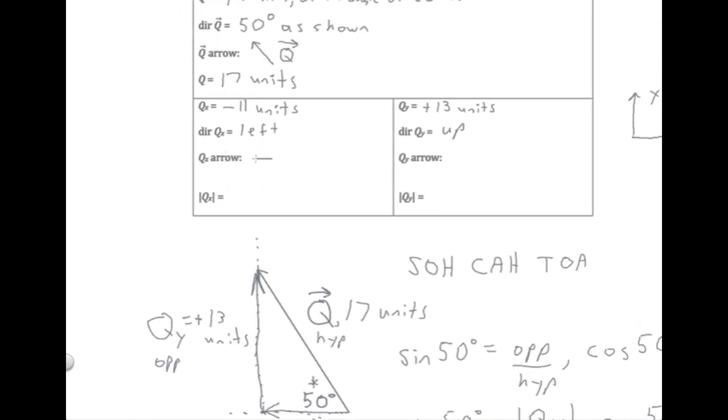So the Qx arrow would be to the left, and the Qy arrow would be up. The magnitude of Qx is 11 units, and the magnitude of Qy is 13 units.